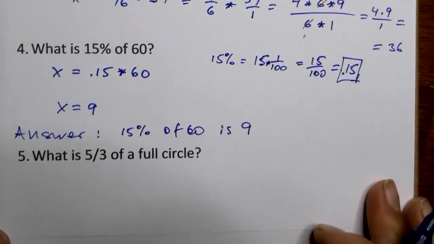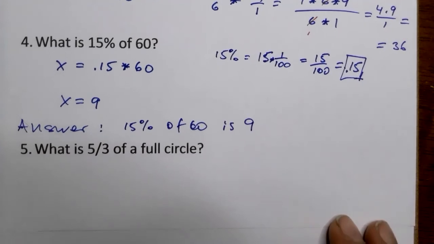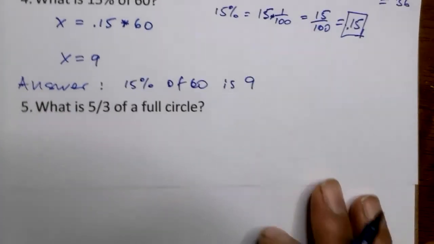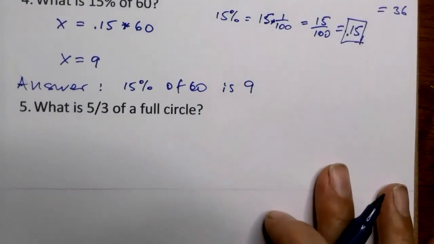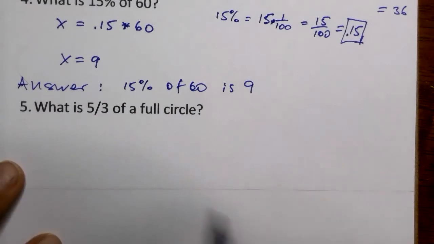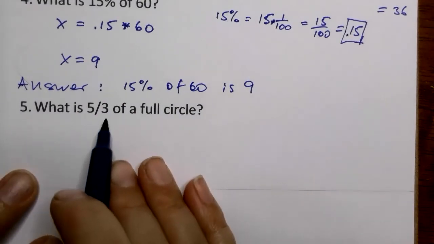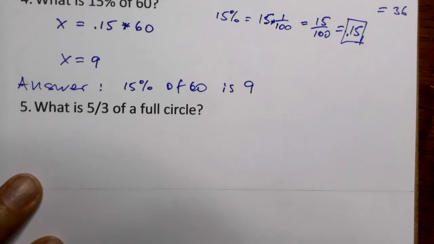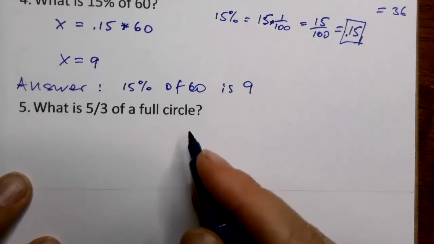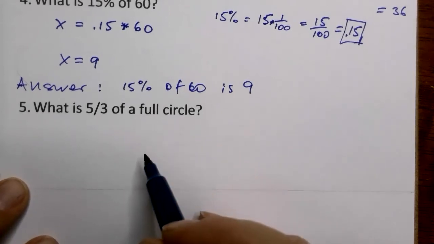Okay, and finally, the type of word problem that you're going to deal with in the trigonometry course is: what is 5/3 of a full circle? It may be phrased in a different way, but that's what your questions are going to be boiled down to.